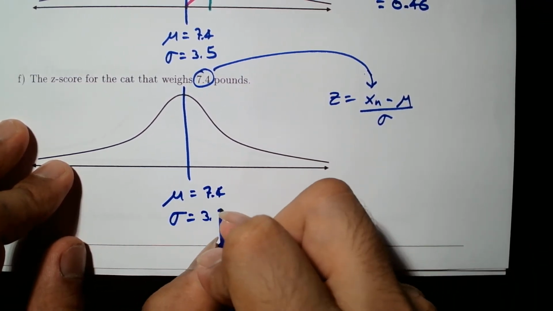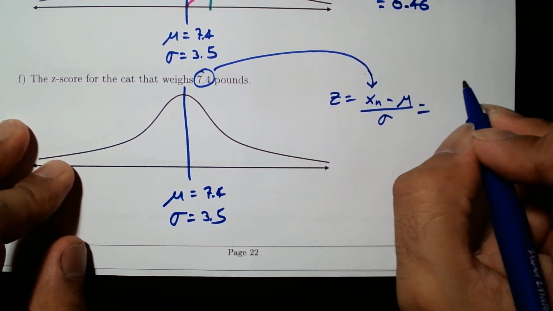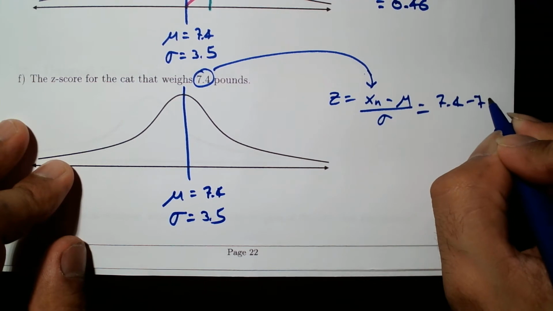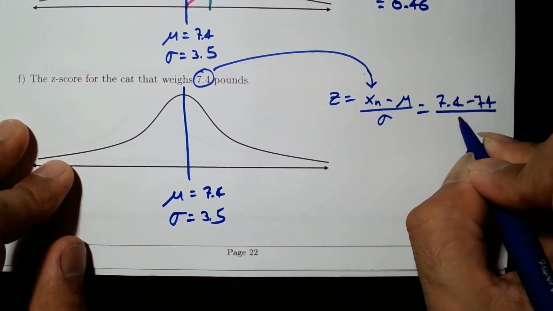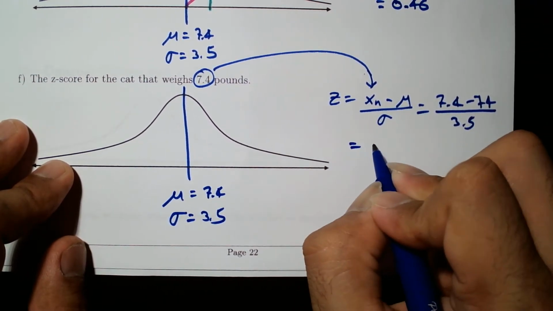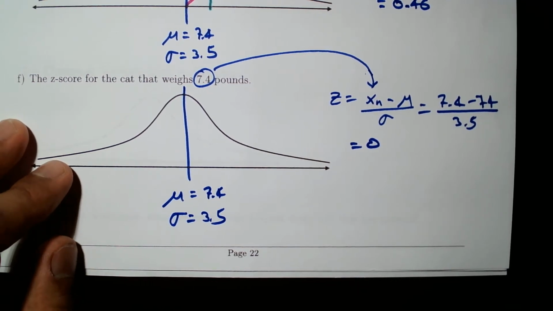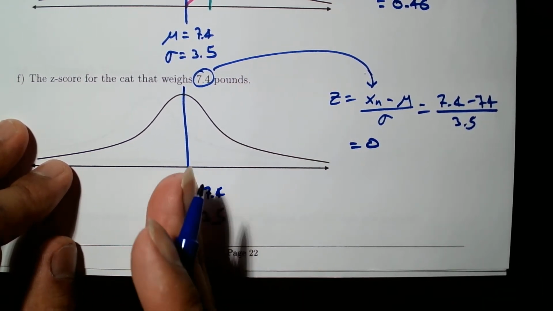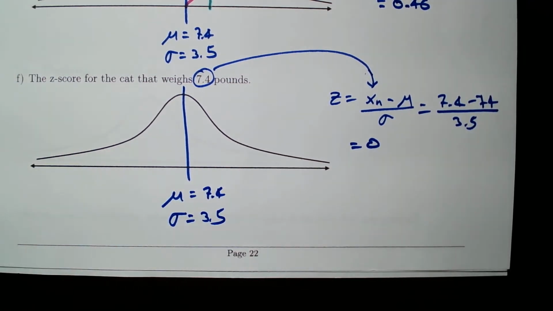Sigma is 3.5. So if we plug in the numbers here, 7.4 minus 7.4, which is going to be 0, divided by 3.5, that's going to be 0. What does that mean? It means that this is the cat that is exactly the average weight, the mean weight of the population of cats at the cat show.